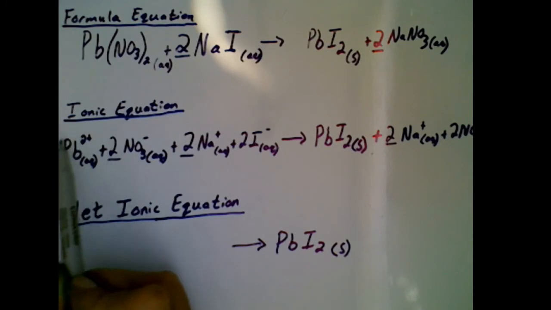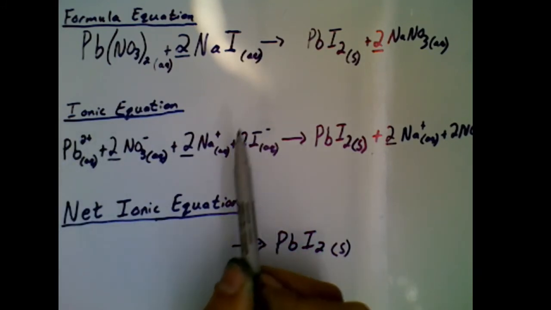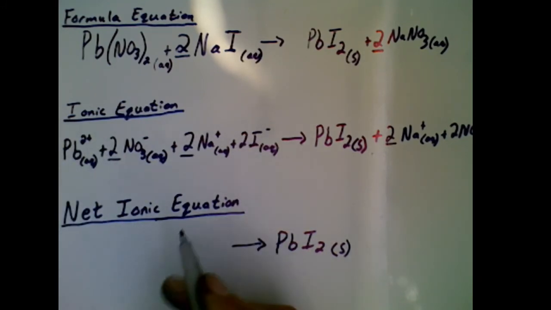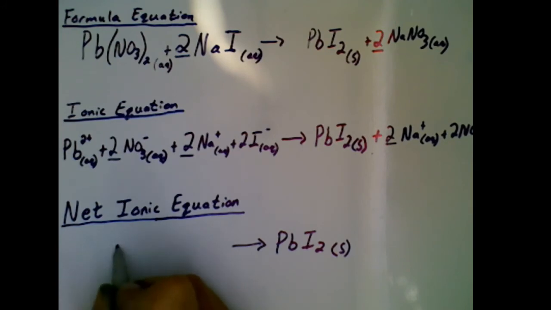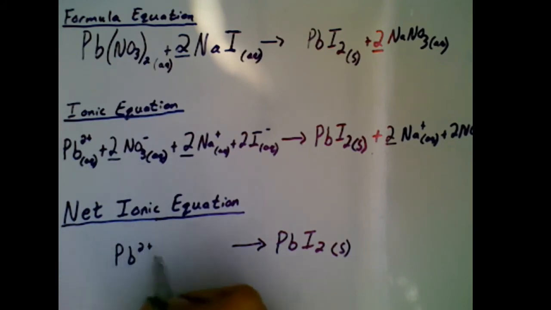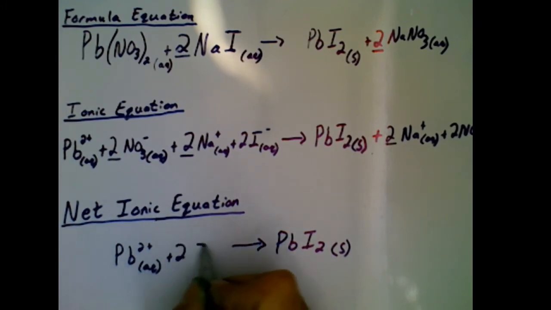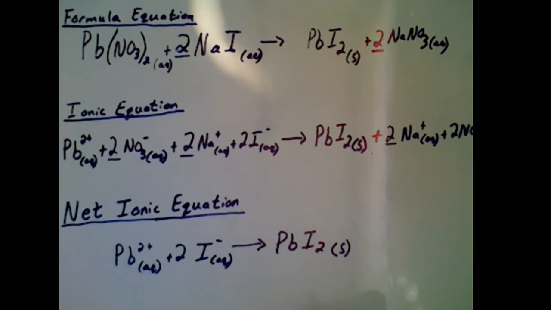Well, the Pb2+ and the I- were the things that actually reacted. So Pb2+ aqueous plus 2 I- aqueous, producing PbI2 solid. This is my net ionic equation. You can see it just shows the things that totally changed in this solution.